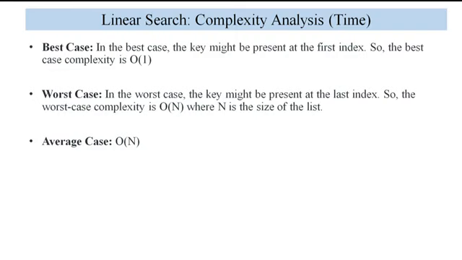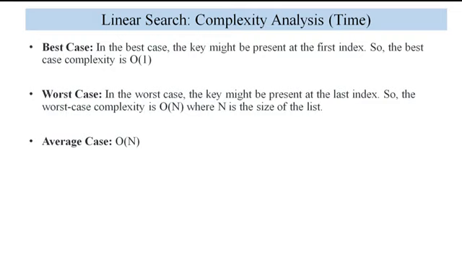So in a generalized way we can say it is order of n. And in the average case, it may be present anywhere between the first to last location, or we can say on average we are required to search half of the list. So it may be order of n by 2.